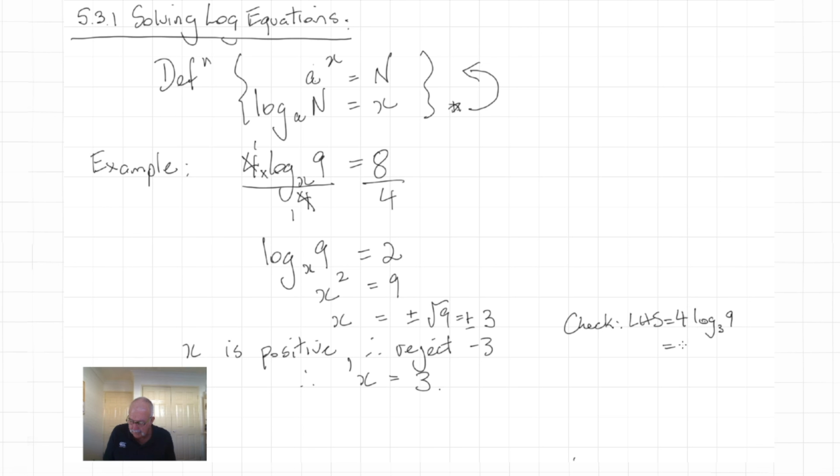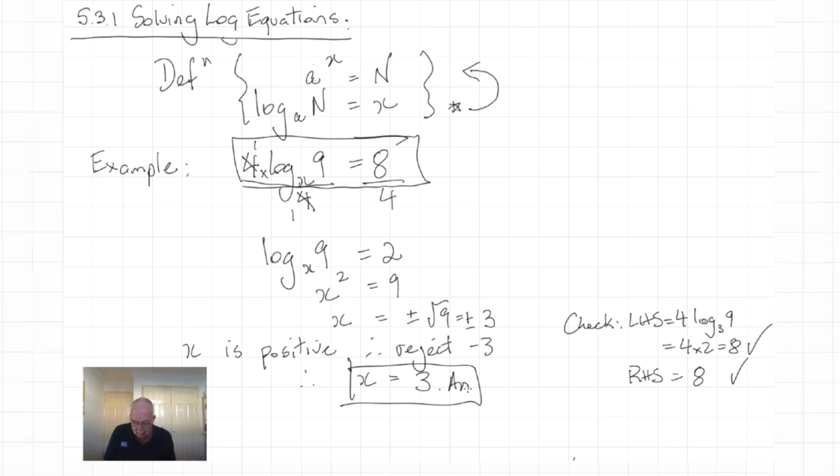That is just 2, so that's 4 times 2, which is equal to 8. Let's go back and have a look at the right hand side. Here is my original equation: 4 log 9 to base x is equal to 8. So the left hand side equals the right hand side, so we know this is my answer, x equals 3.